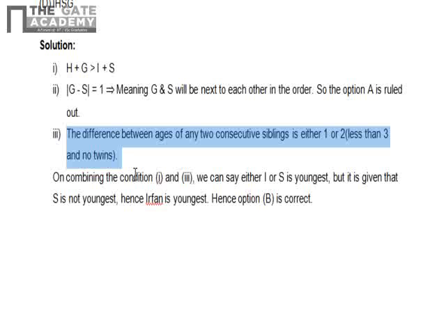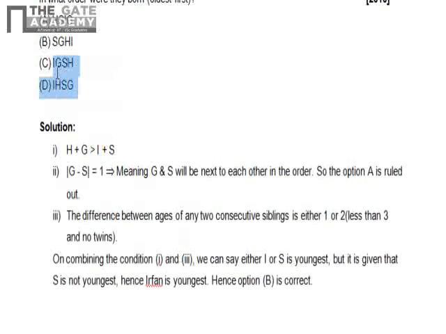In all that, from I plus S there should be one person who is youngest. But in the above information it is given that Saira is not youngest, so you'll have to take that Irfan is youngest. Now if you look at the options, in option B Irfan is shown as youngest, so you can directly write the answer as B.